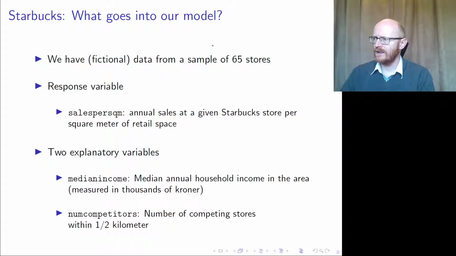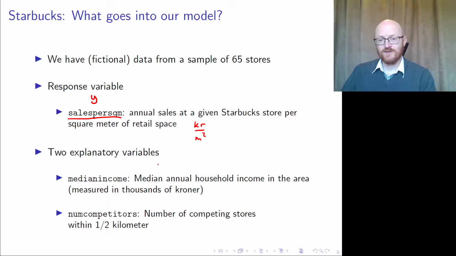Okay, so if we go to our example, then we'll look at what goes into our model. We have data from a sample of 65 stores, and we have one response variable, sales per square meter, which is our y. That's annual sales at a given Starbucks store per square meter of retail space, in kroners per square meter.